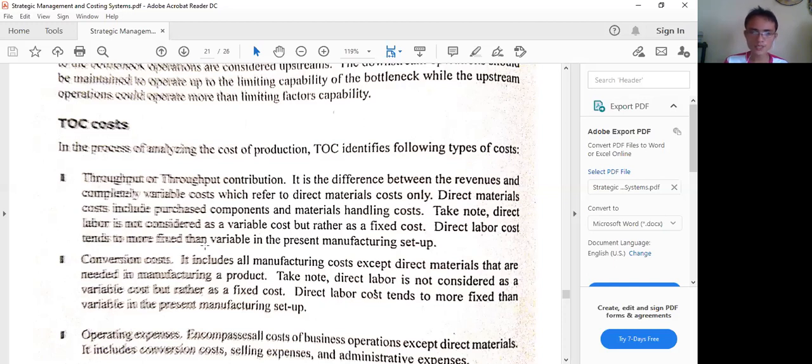So direct labor is not considered a variable cost, but rather a fixed cost in this assumption of theory of constraints. Direct labor cost tends to be more fixed than variable in the present manufacturing setup, which is very true. In a world-class manufacturing environment, the direct labor consumed and its costs would be support of the manufacturing costs, and we're talking here about the manufacturing costs related to the machine.